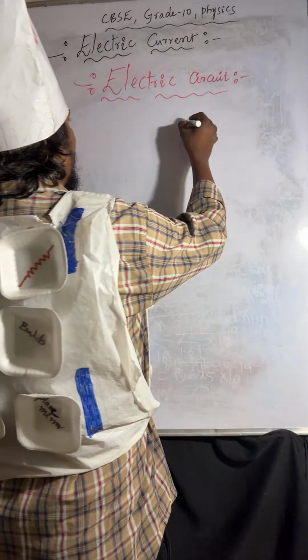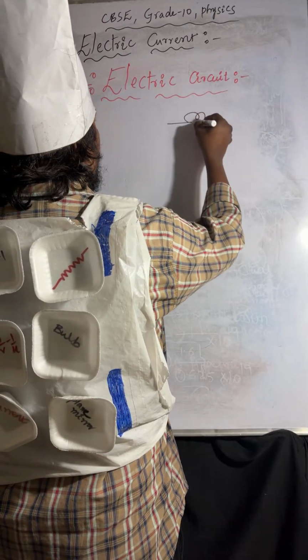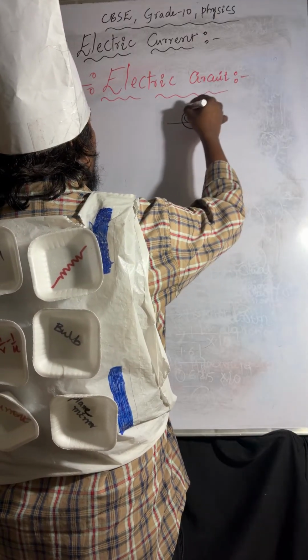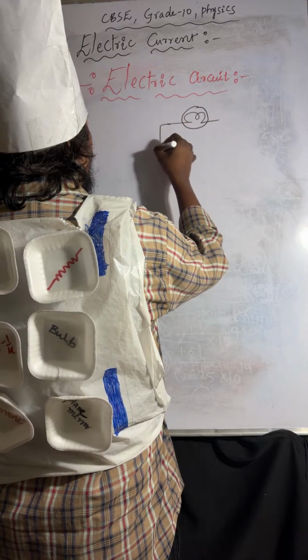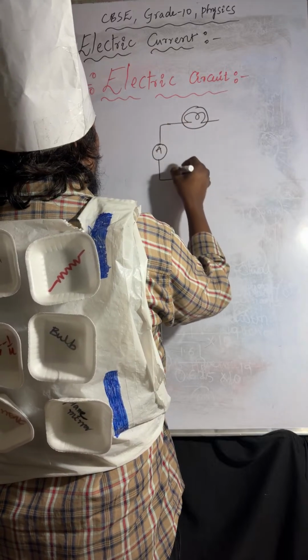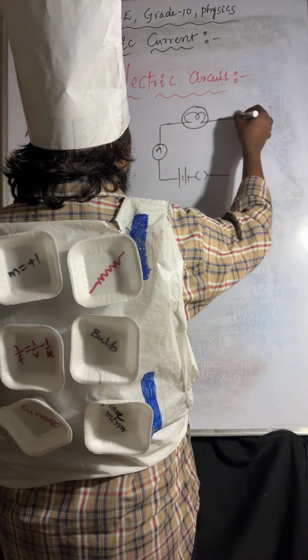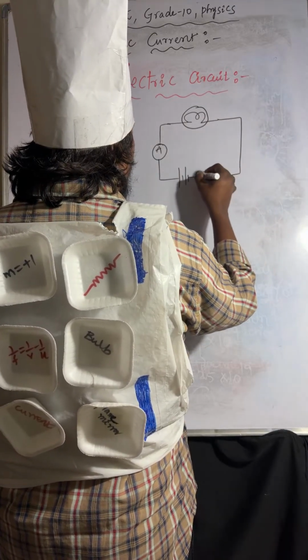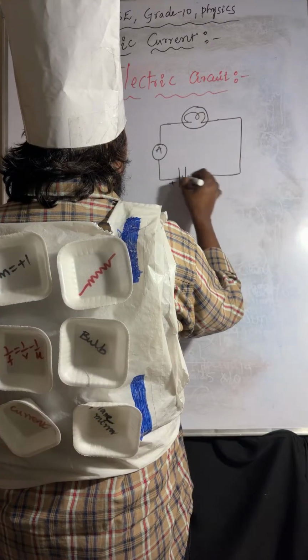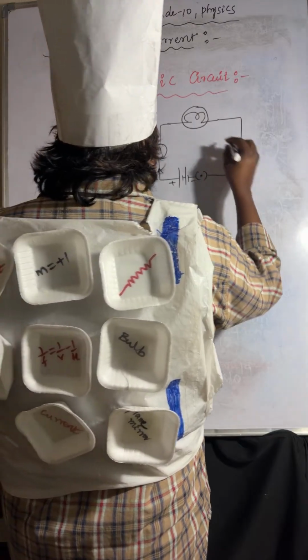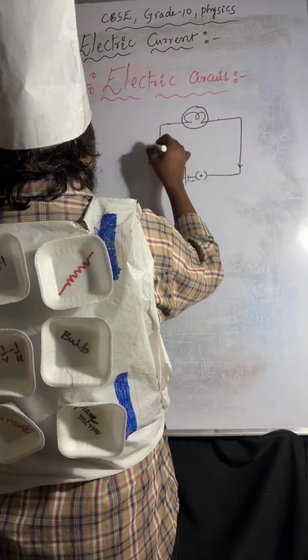So I'm taking here the bulb, and the ammeter is here, and here I'm taking the battery. The battery current is passing like this, from the positive terminal to the negative terminal.